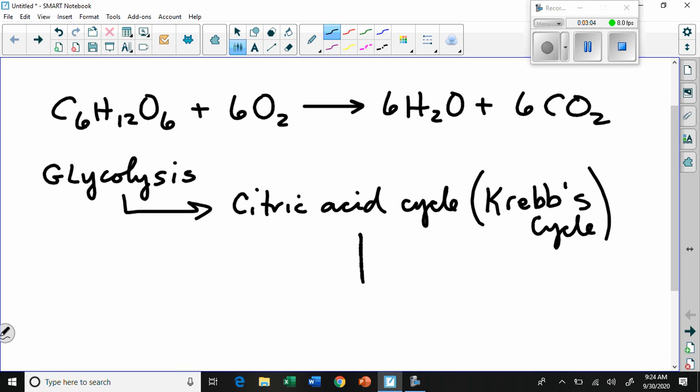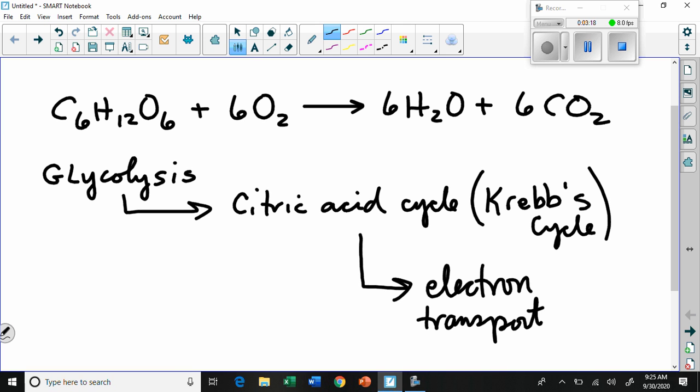So the things that come out of this go into something called the electron transport chain, which occurs on the membrane of the mitochondria. Electron transport chain. Okay?